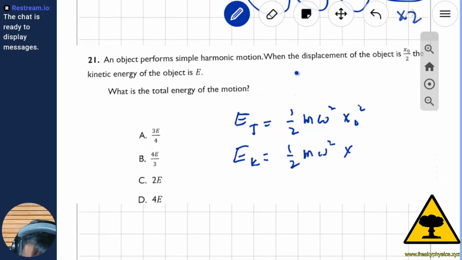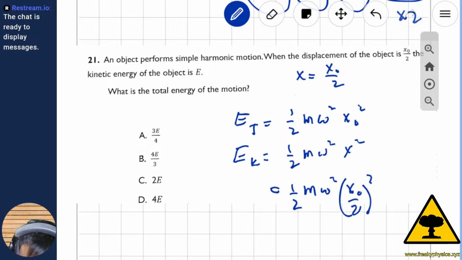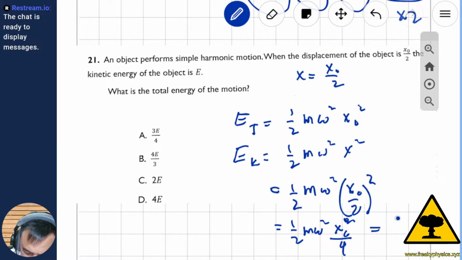So in this case, our x is gonna be equal to x0 over 2. Oops, I forgot the square there. So if we substitute that in, that's gonna be 1/2 m omega squared (x0 over 2) squared, and that's gonna give us 1/2 m omega squared x0 squared over 4, right? Which if we rewrite further, this will be 1/4 of ET.